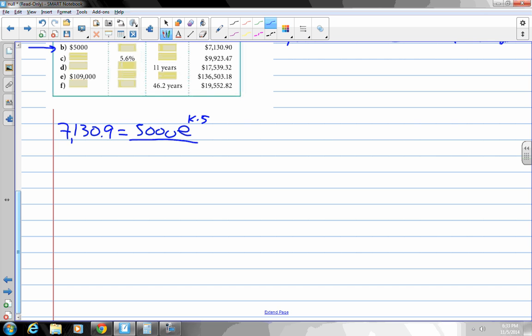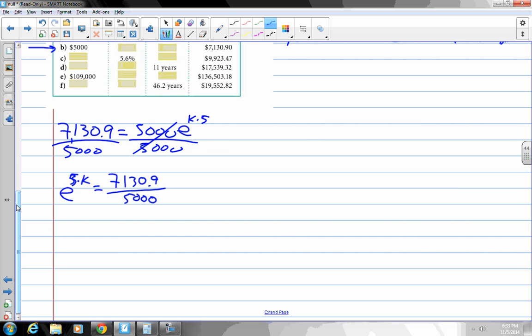Divide both sides by 5,000. So that cancels. So we have e to the power of 5 times k equals 7130.9 divided by 5,000.